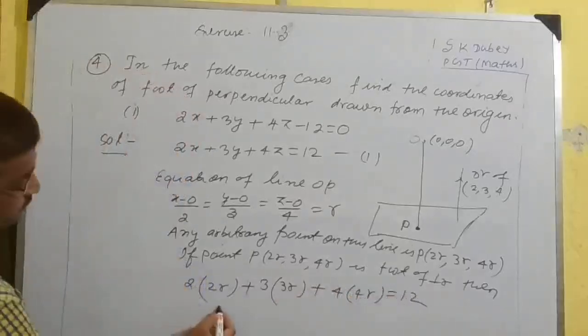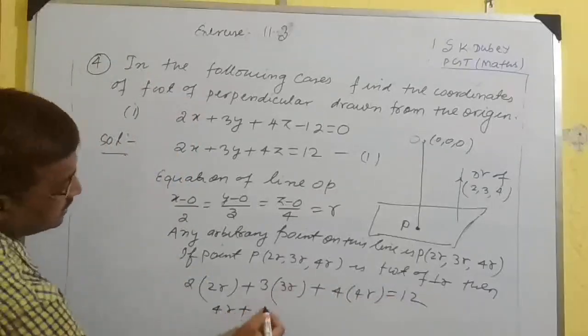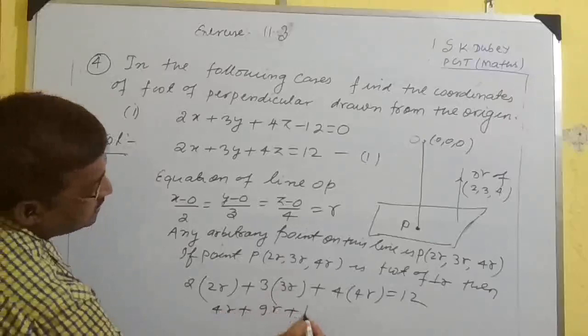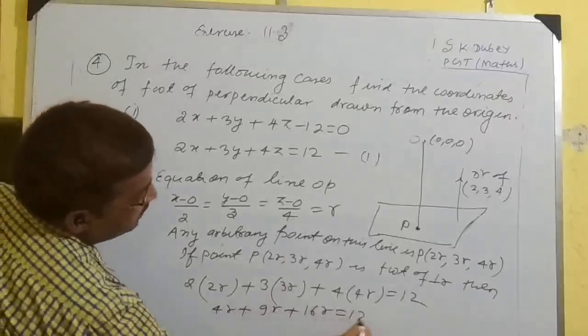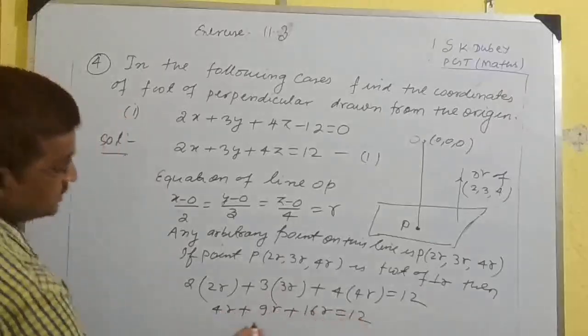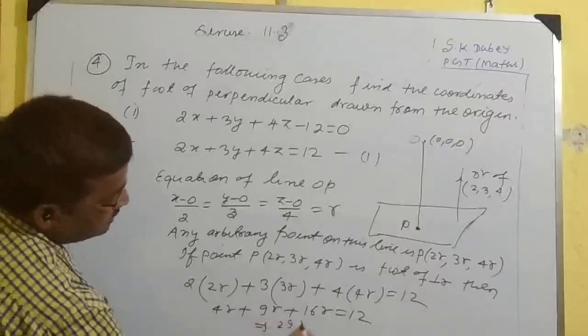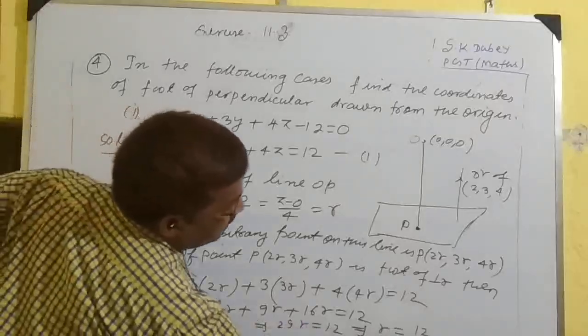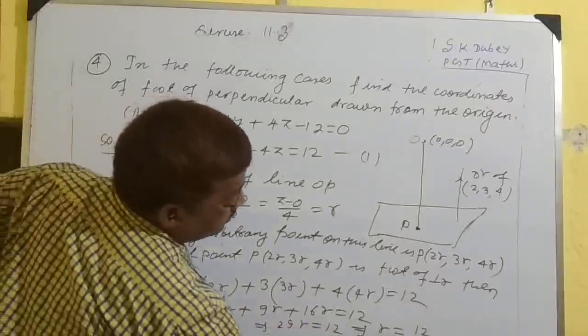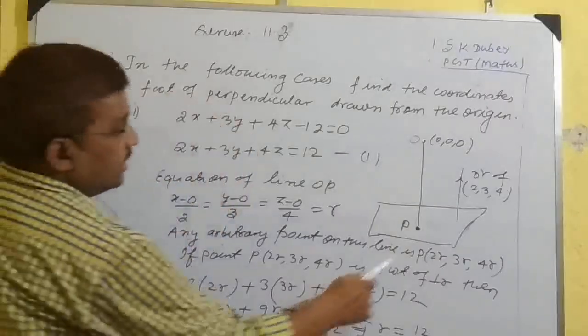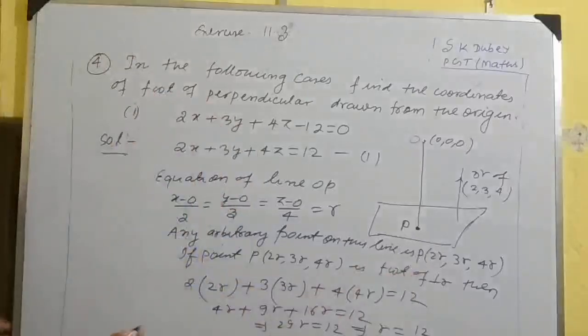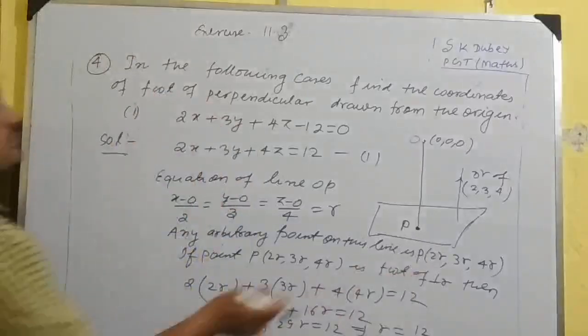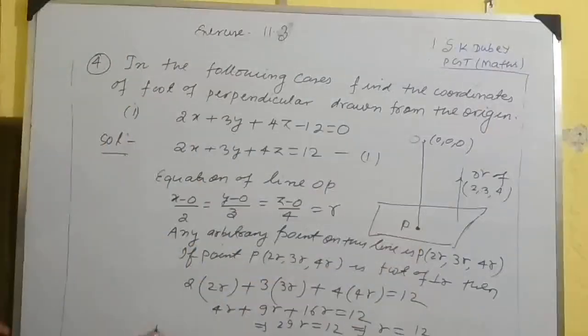This is 4r plus 9r plus 16r is equal to 12. This is 29r is equal to 12. This implies r is equal to 12 by 29.